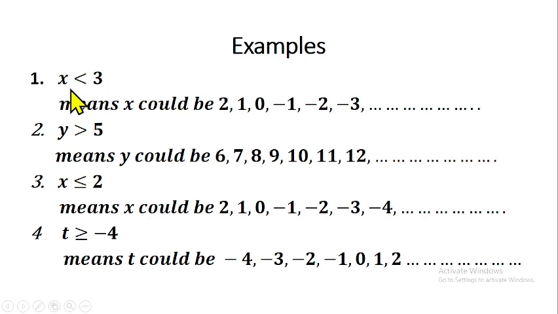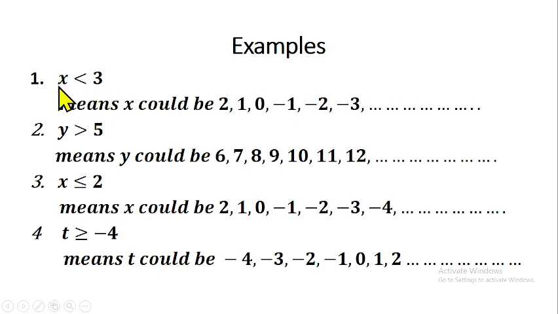x less than 3 means the range. Of course, we know that x here is a variable, so it represents some numbers. But what this literally means is the range of values of x that is less than 3. I hope you can repeat that with me. The range of values of x that is less than 3. That's the meaning of what you're having here.